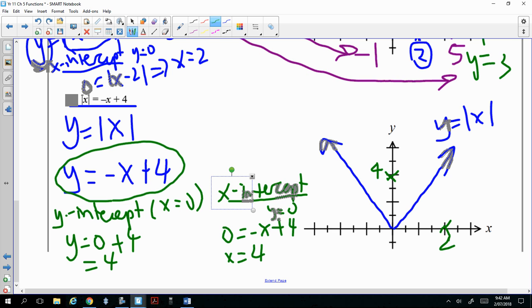And then you want to find what that point is. So this is y equals negative x plus 4.